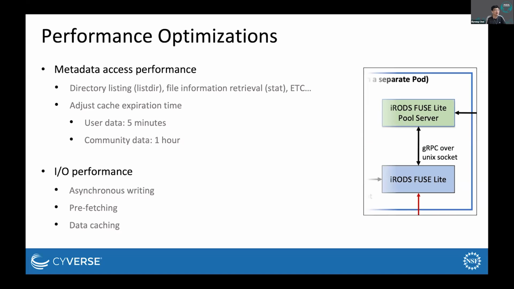It caches metadata for 5 minutes, and since metadata for community data sets seldom changes, those have 1 hour of expiration time. To improve data I/O performance, we also implemented asynchronous writing, prefetching and data caching in the iRODS Fuse Lite pool server as well. So currently, all the performance optimizations are applied on the iRODS Fuse Lite pool server side.